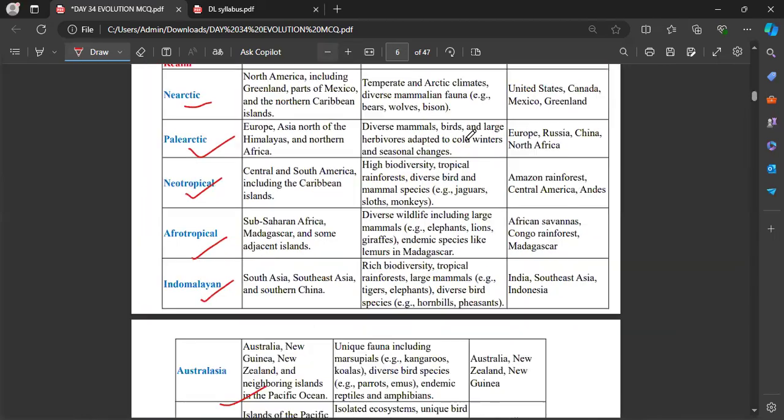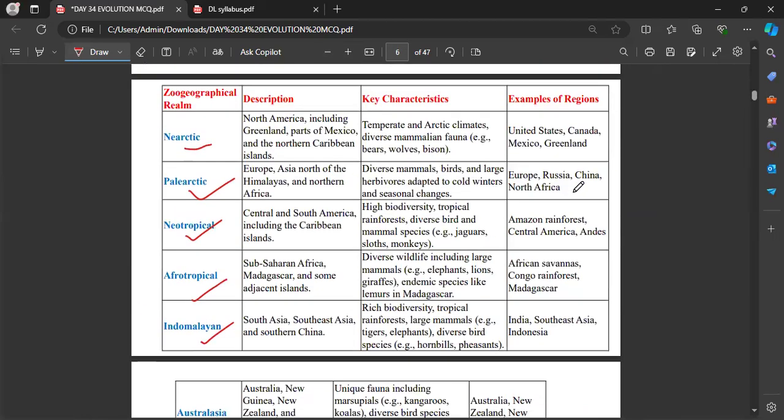This is not that important, but I have added it here. Why? Because you have to know the climates and which countries fall under each climate. In the case of Nearctic, this includes North America and some parts including Greenland, Mexico, and the Northern Caribbean islands. So you have to focus here.